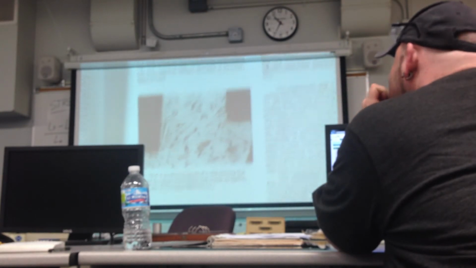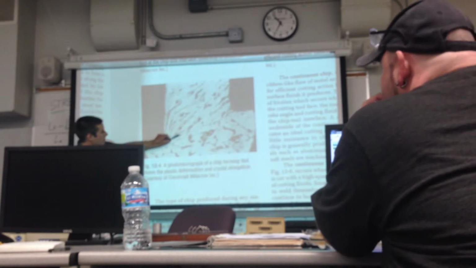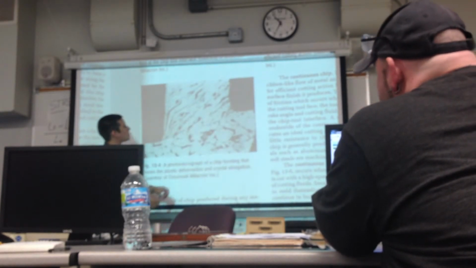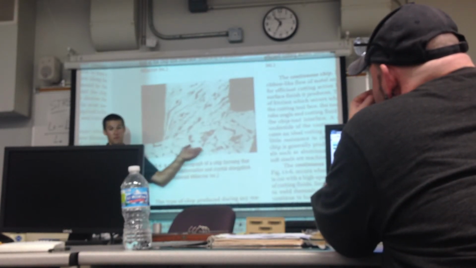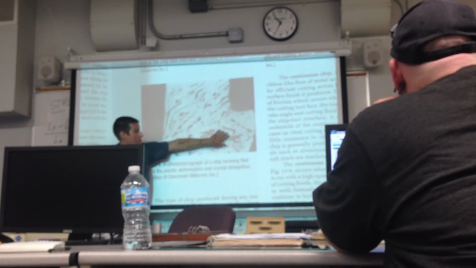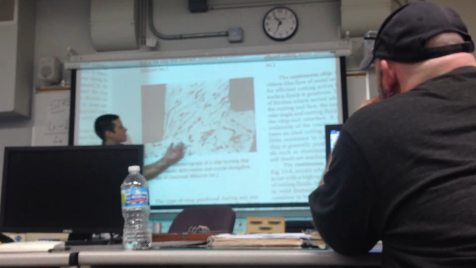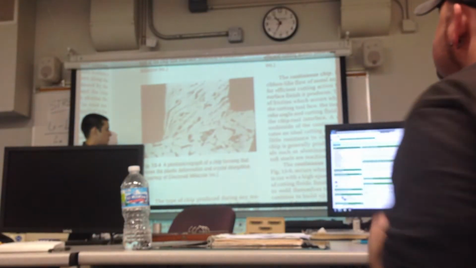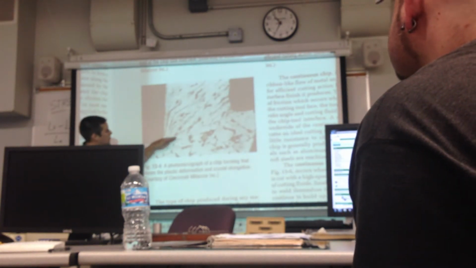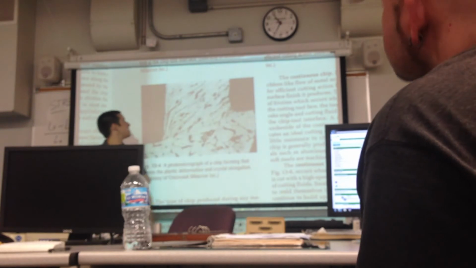Here's a pretty good photograph of what's happening here. You can see it kind of right there. And you can see how the grains, this is a real photograph, it's not a cartoon, these are the grain boundaries, right? That's a grain boundary. This is probably steel, there's probably some pearlite in there and stuff. Pushing right along here, and the chip's kind of forming like that.